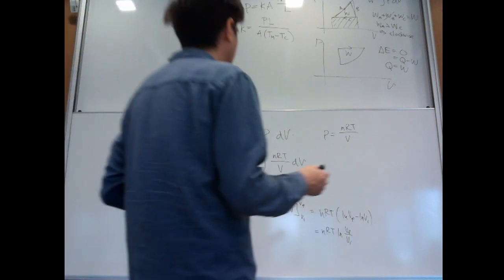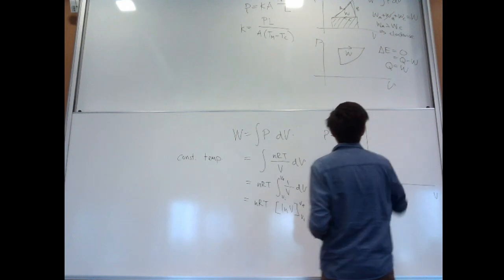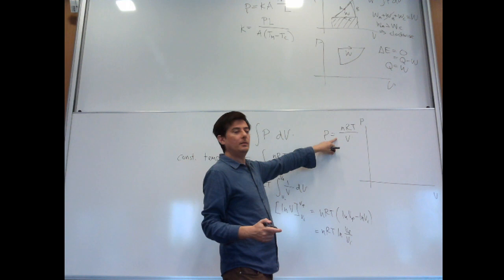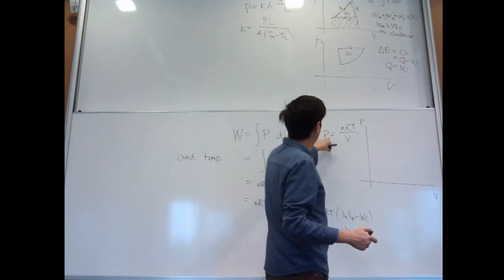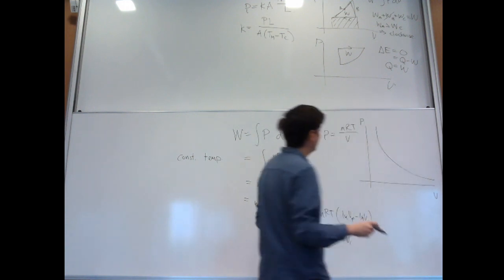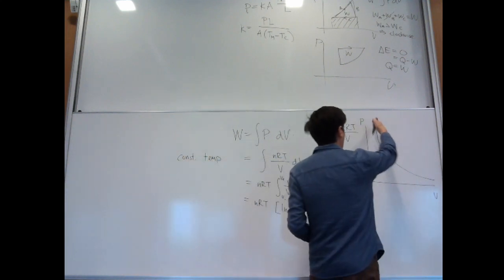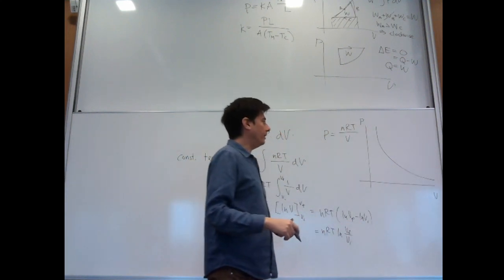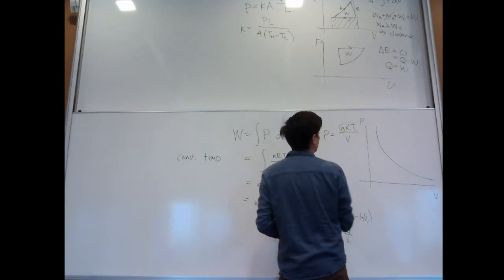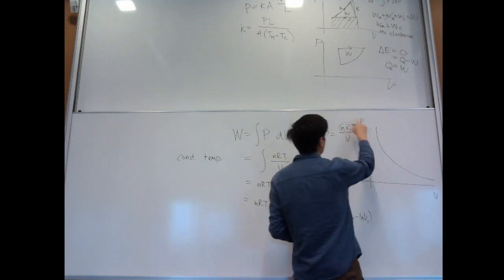In a PV diagram, just by plotting this relation we can see that the pressure and the volume are inversely proportional to each other. I think I mentioned this in the past lecture. So 1 over V looks like this, and all these things are just constants here, but the larger the temperature, the larger this factor here.